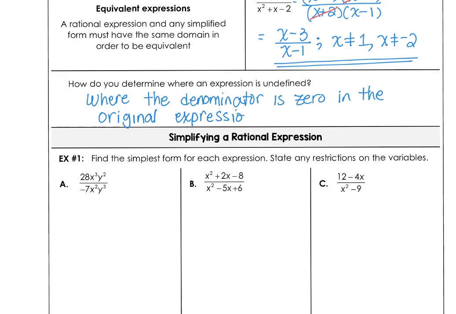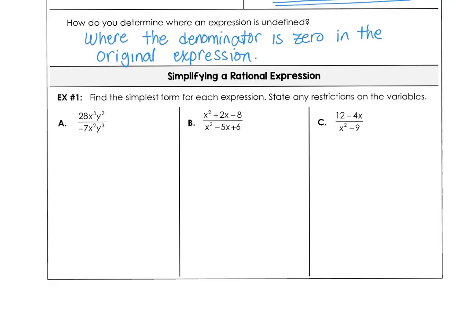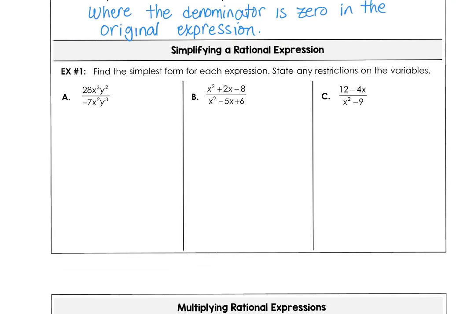So let's jump right in. On example 1, we want to find the simplest form for each expression and state any restrictions on the variables. In the first one, if we use prime factorization or just simplify, I see x cubed in the numerator and x squared in the denominator. I know I'm going to be able to eliminate an x squared.